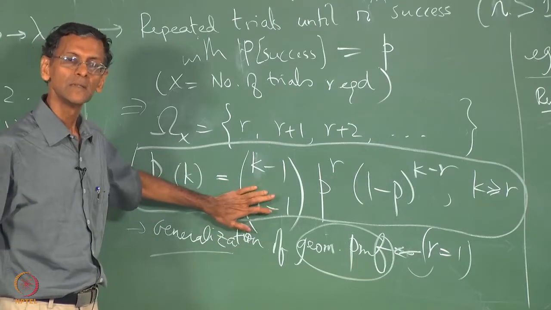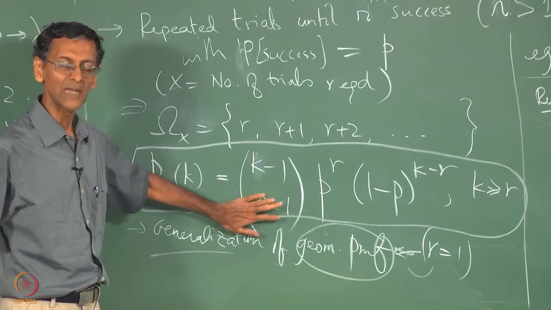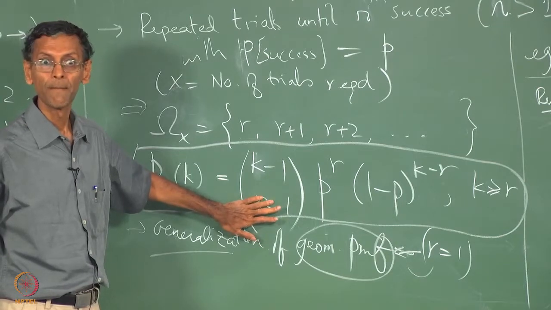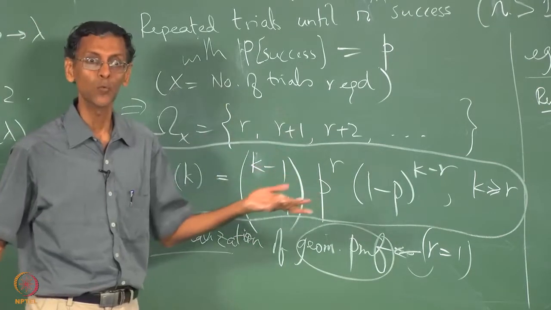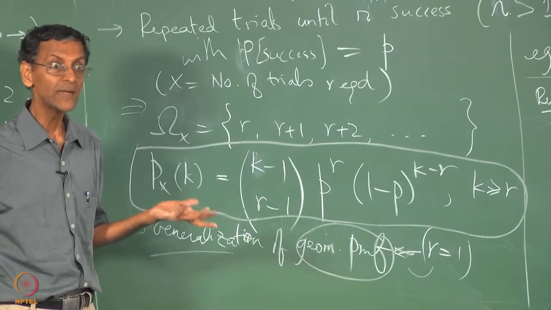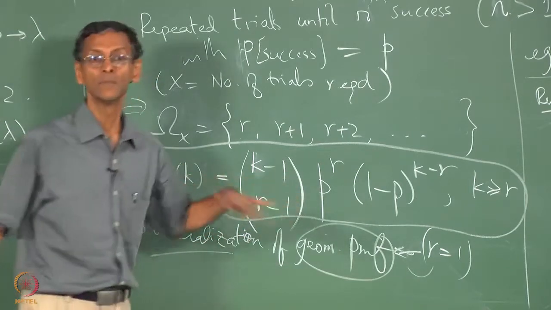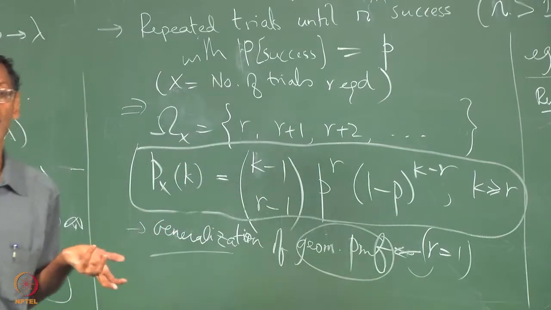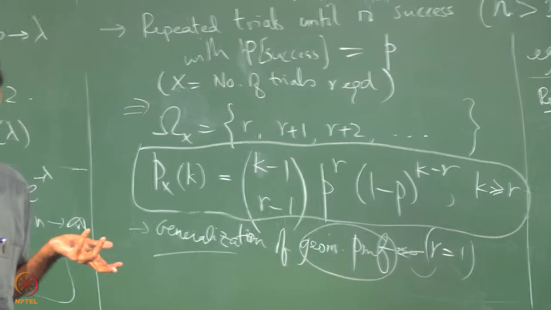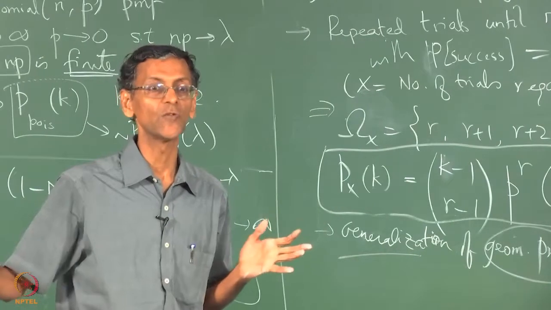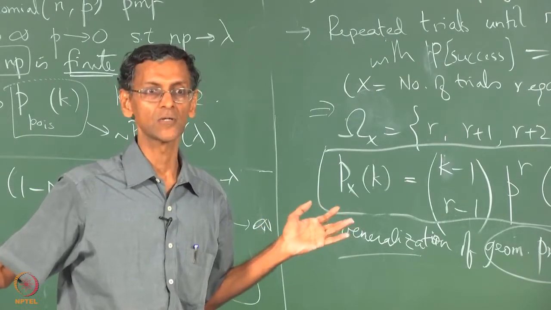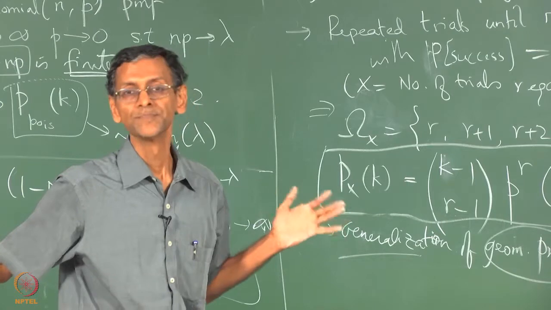That is just like the binomial, you get a binomial type coefficient out here. Without this it will not work, because these r minus 1 successes can come anywhere in the first k minus 1 trials. You can get them all in the beginning, then a string of failures, then the rth success.